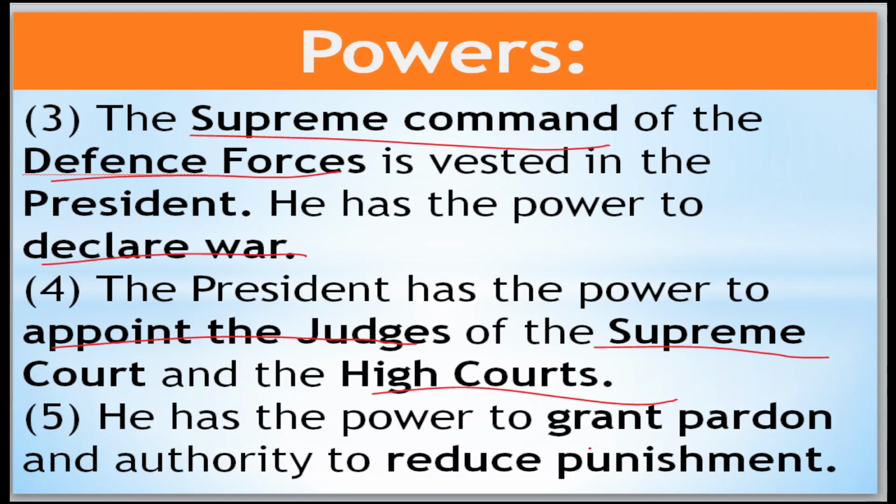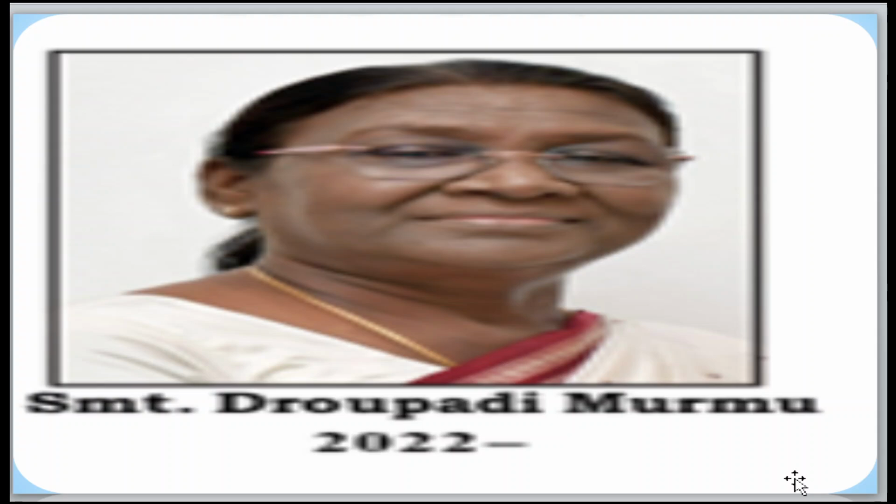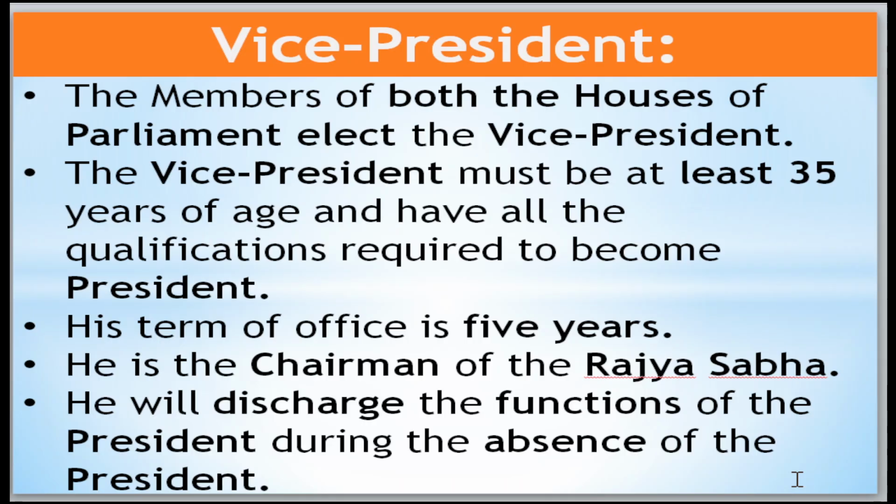Pardon means forgiveness. He has the authority to reduce the punishment, especially for those who have imprisonment. Even for those who got the death sentence, he can reduce it if it is possible.